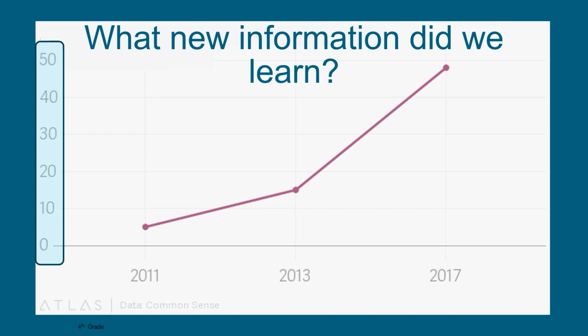About where does the dot fall in 2011? What do you think? It's probably around 5 because it looks like it's in the middle of 0 and 10. About where does the dot fall in 2013? It's probably about 15.